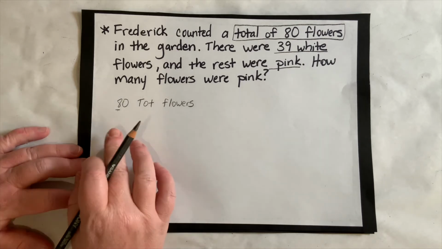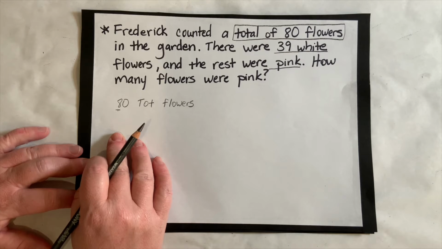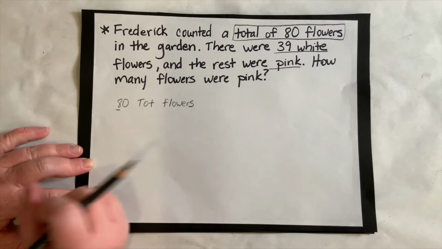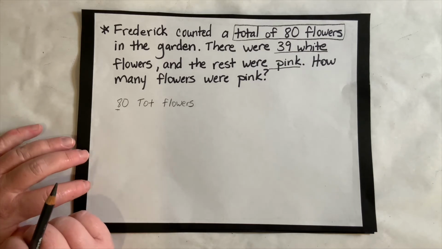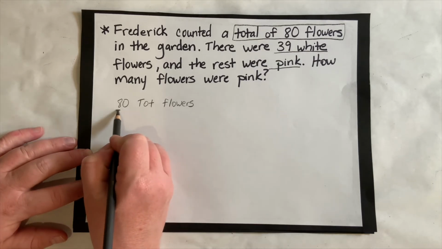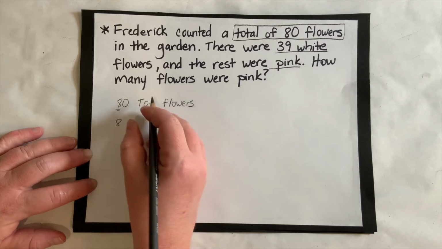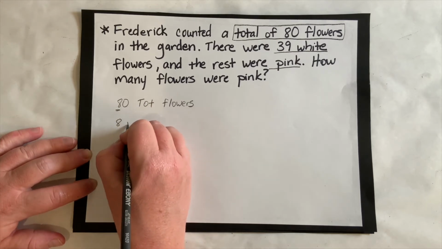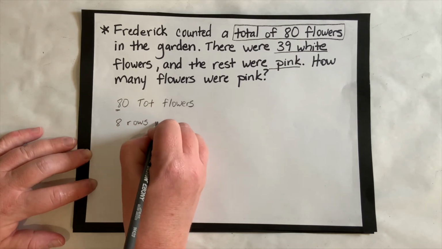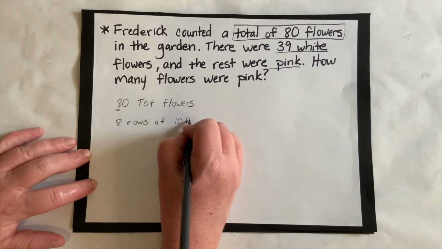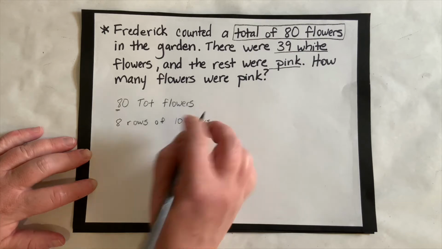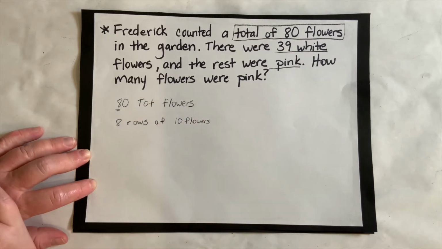Now, if this was talking about a bouquet of flowers, then we would have a bundle, right? But for a garden, we could actually show a row. So if 8 is in the 10s place, then we would have 8 rows of 10 flowers. That means 10 flowers would be in a row, right?